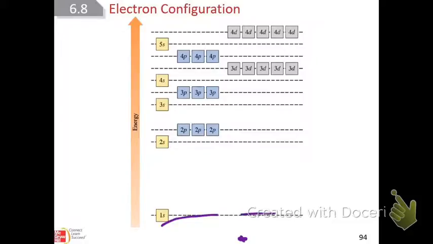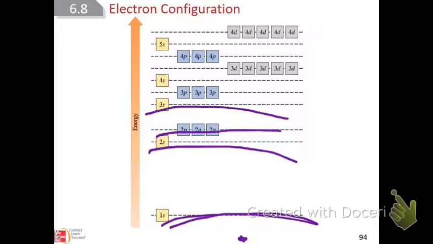This is where the electron for hydrogen would reside, and also for helium. Then here has a little bit more energy, and these have equal energy because these are your 2p's, and then here more energy, and so on and so on.